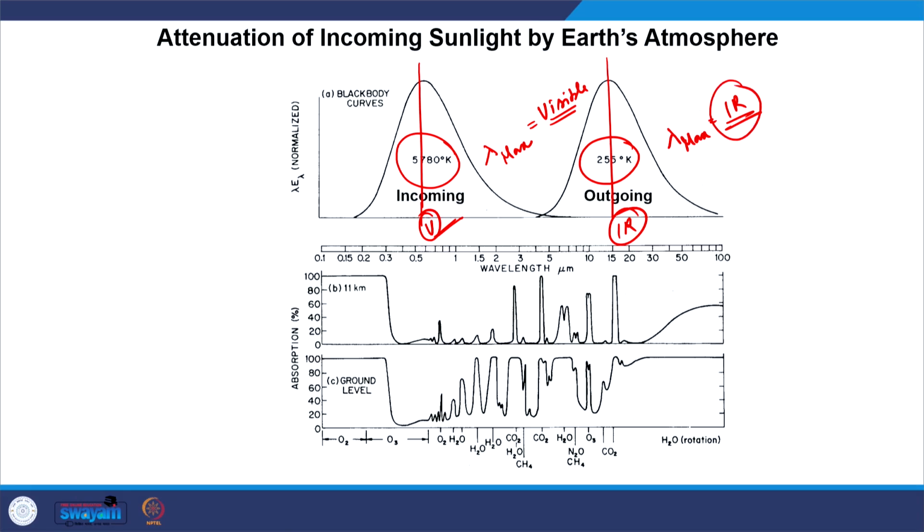So this is the absorption curve, where all the missing wavelengths, the missing energy, correspond to a particular species which has absorbed them. This is at 11 kilometers and this is at the ground level.